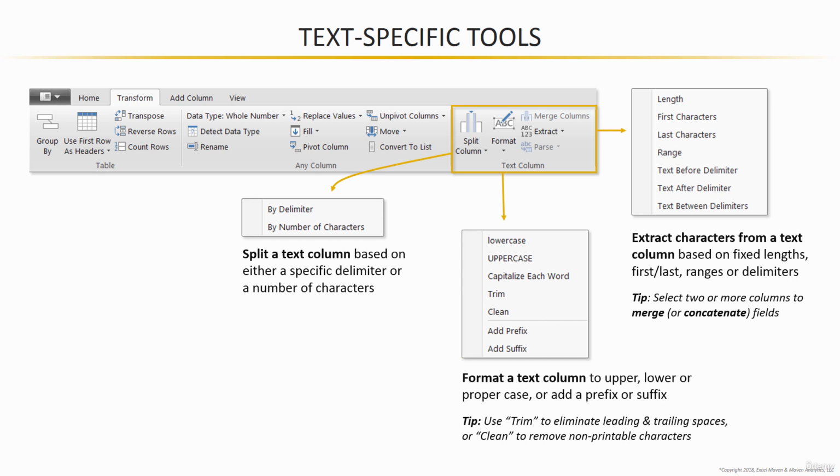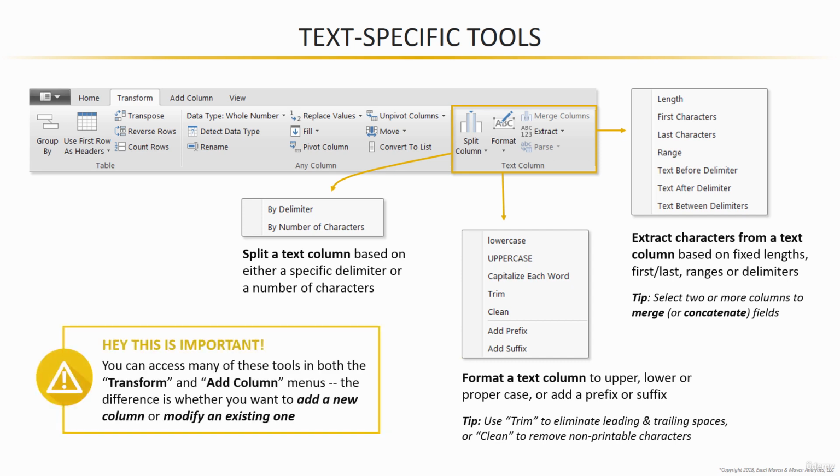And taking that even further, if you've selected a column that's numerical instead of text, this entire group of tools might be replaced by number-specific tools instead. So just remember that the entire ribbon, the entire toolbar that you're seeing here, will dynamically change based on your selections.